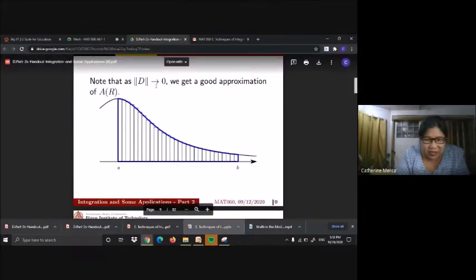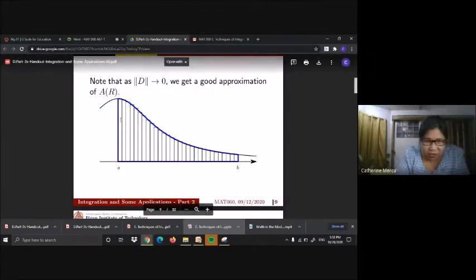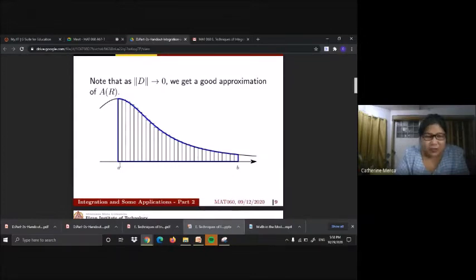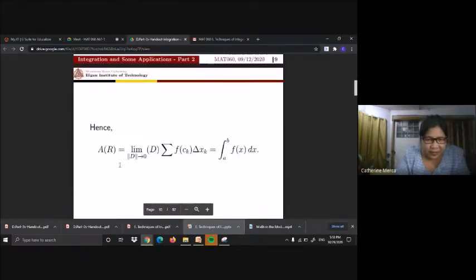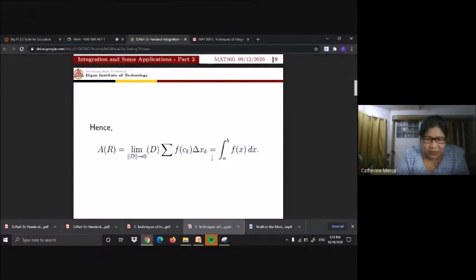That is, you let the norm D approach 0 to get a good approximation of the area AR, meaning to say the area of the region. So you make your D, kaniyang norm, as small as possible there. So area of the region is the limit of the summation of f of c sub k delta, or this one, integral from a to b of f of x dx.